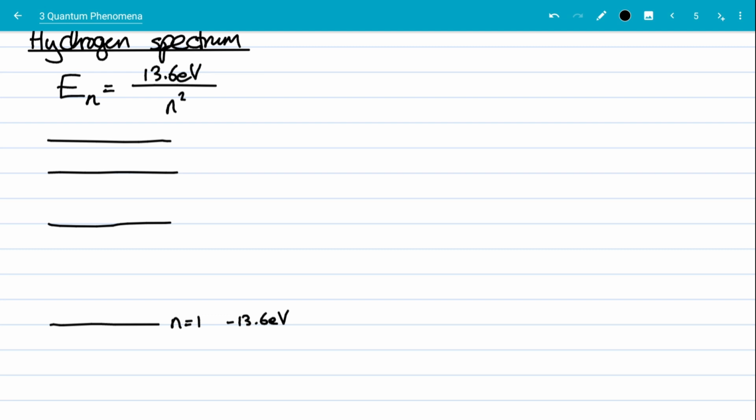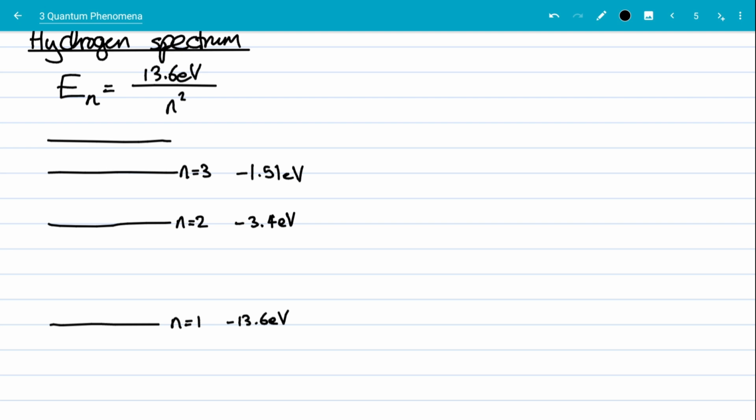And then let's get my calculator out to do the rest of the calculations. Divide by 4, so then we have n equals 2, which is at negative 3.4 electron volts. We've talked about what these mean. N equals 3, so that is 13.6 divided by 9, negative 1.51 electron volts.